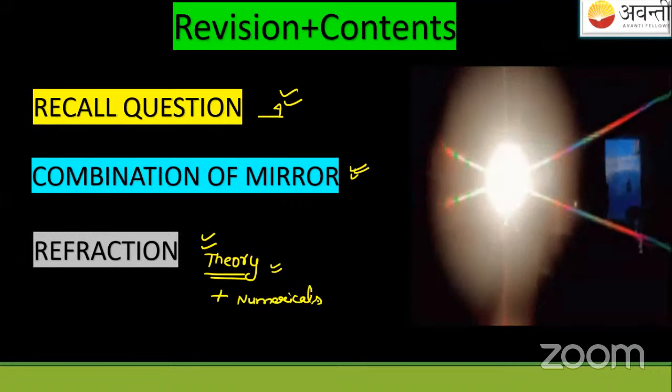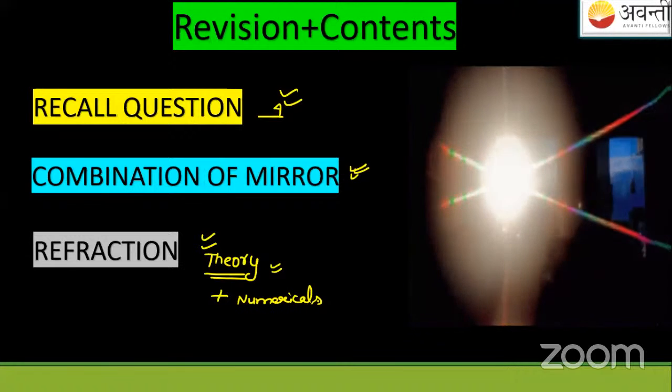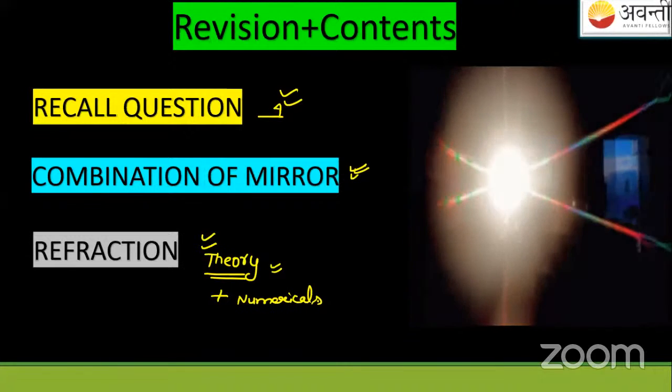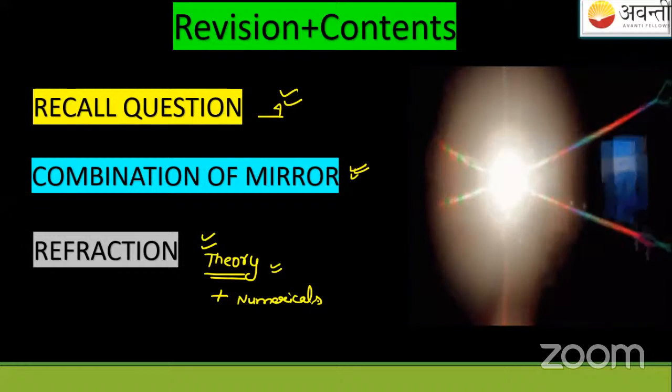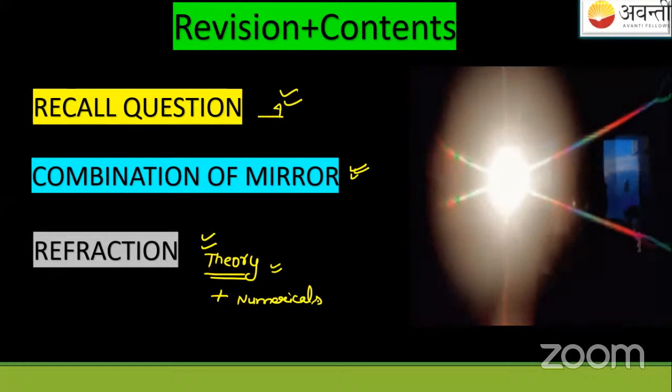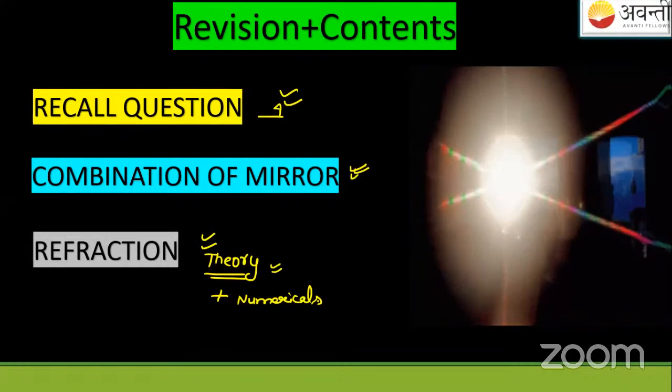So this is basically our today's goal. We have to complete this in any condition before leaving the class at 5 p.m. So before 5 p.m. we have to complete all these goals. These are the 3 goals of our today's class.